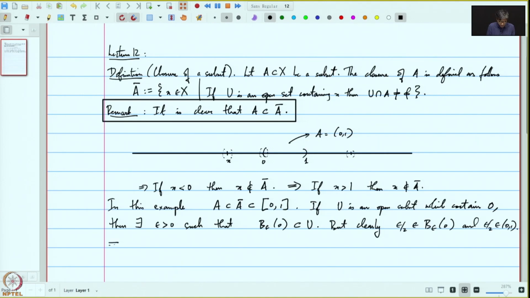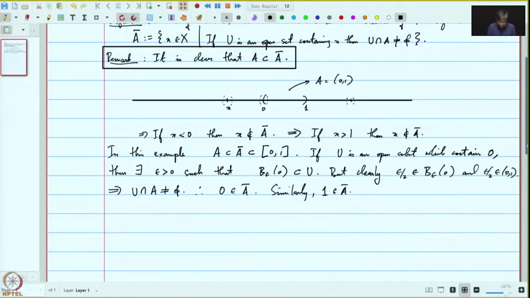So this implies that U intersection A is non-empty. So therefore, 0 is contained in A closure, and similarly, one can check easily that 1 is contained in A closure. So therefore, A closure in this case is precisely the closed interval 0, 1.